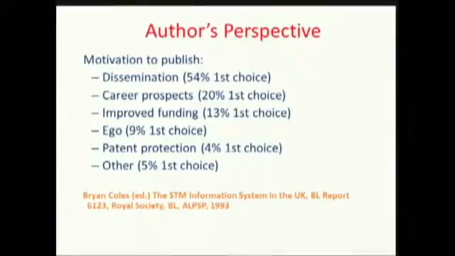They found dissemination is 54%, career prospects 20%, improved funding 13%, ego 9%, patent protection 4%, and other reasons 5%. So in different countries and in different institutes, these statistics could be different. You know, career prospects could be number one, right? And so on.